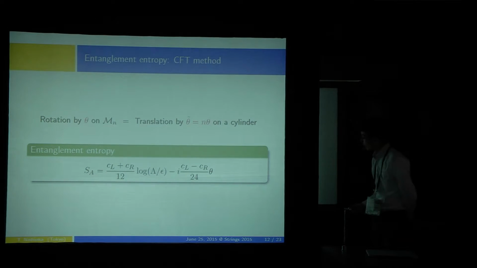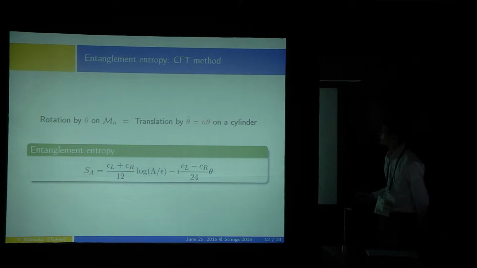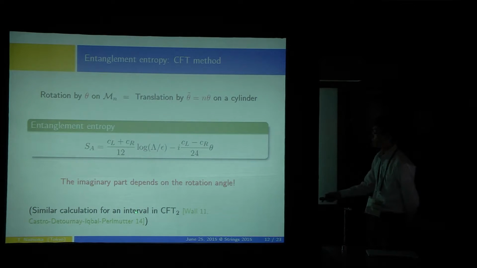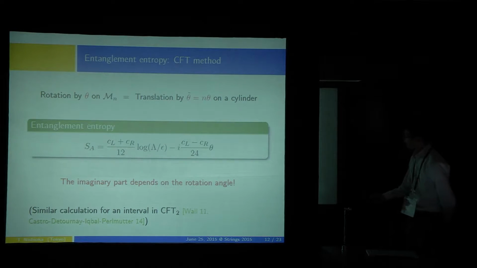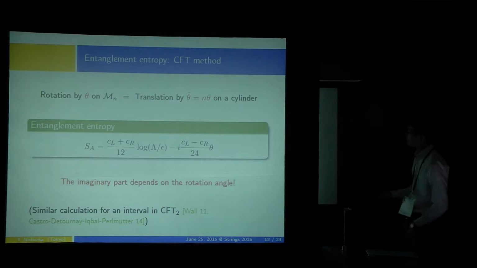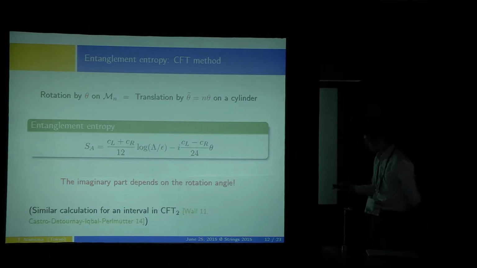So this is the effect of the gravitational anomaly on the entanglement entropy. A similar calculation was first done for an interval by these folks, but in our case we just consider a semi-infinite line for simplicity. Anyway, we had a very similar result to them.